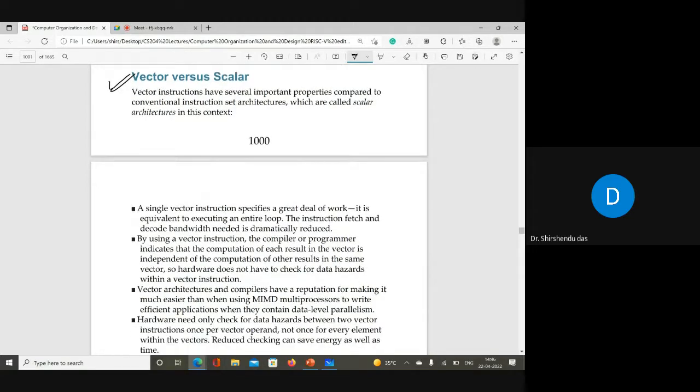In this chapter, you will only see the advantage of vector versus scalar, but it will not say the disadvantage. Disadvantage means every time you may not get this type of data, right? Every time you may not have a single instruction to apply on multiple data. Every day you may not go with addition of vectors. In that case, a vector processor may underperform.